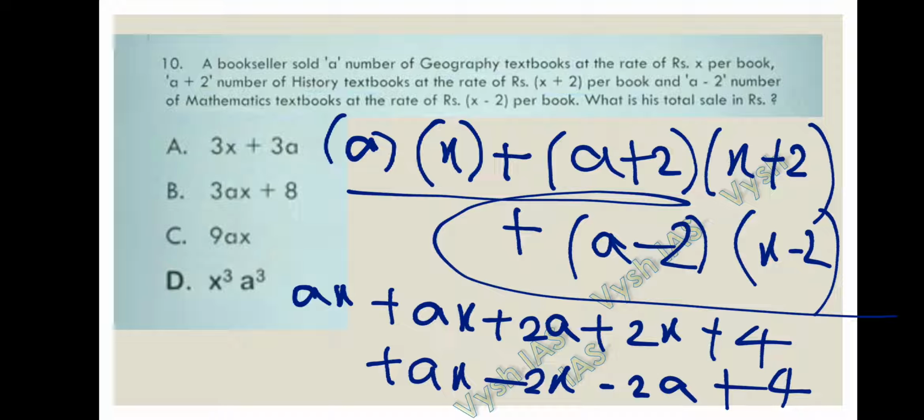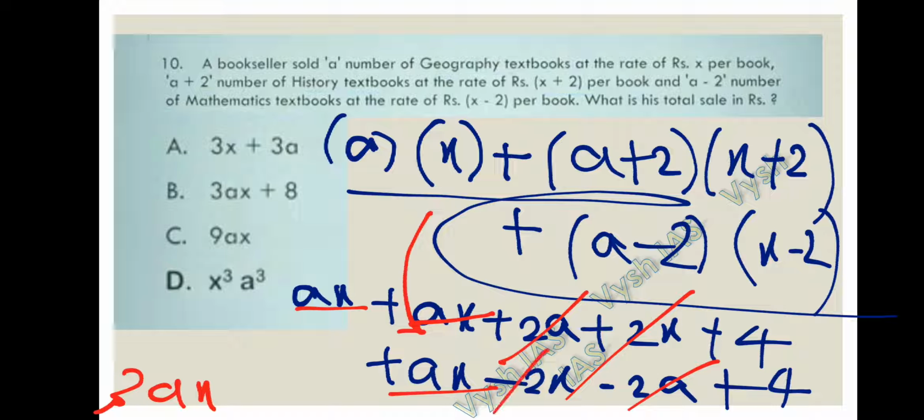If you solve the equation, it becomes ax plus ax plus ax, that is 3ax. 2a gets cancelled, 2x gets cancelled, and 4 plus 4 is 8. So the total cost of the three types of books is 3ax plus 8. So option B is correct for question number 10.